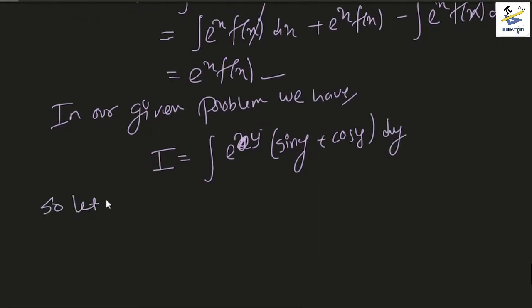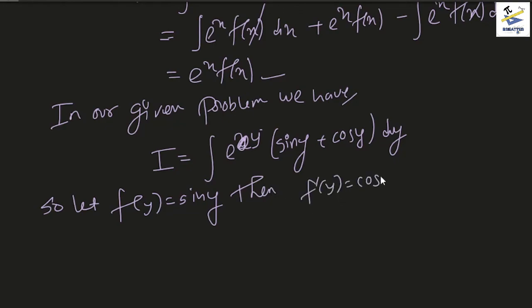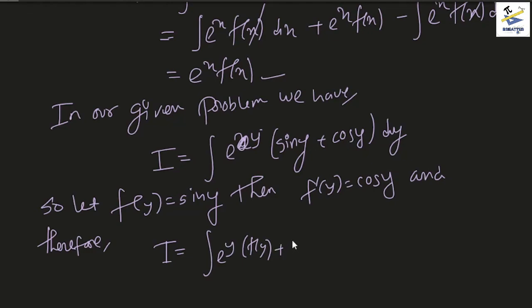So let f of y equal sine of y, then f dash y would be equal to cosine of y, and therefore I equals the integral of e to the power y into f of y, which is sine of y, and cos y is the derivative, so f dash y, right?